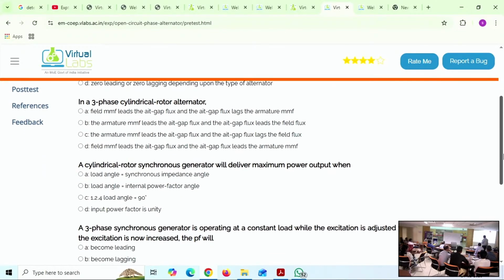In a 3-phase cylindrical rotor alternator, the options are: field MMF leads the air gap flux and the air gap flux lags the armature MMF; armature MMF leads the air gap flux and the air gap flux leads the field flux; field MMF leads the air gap flux and the air gap flux leads the armature MMF. It asks about the MMF relation of field and armature.